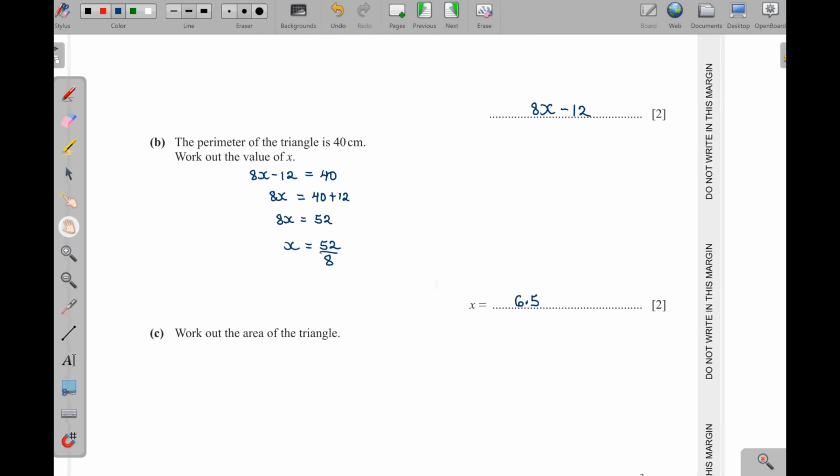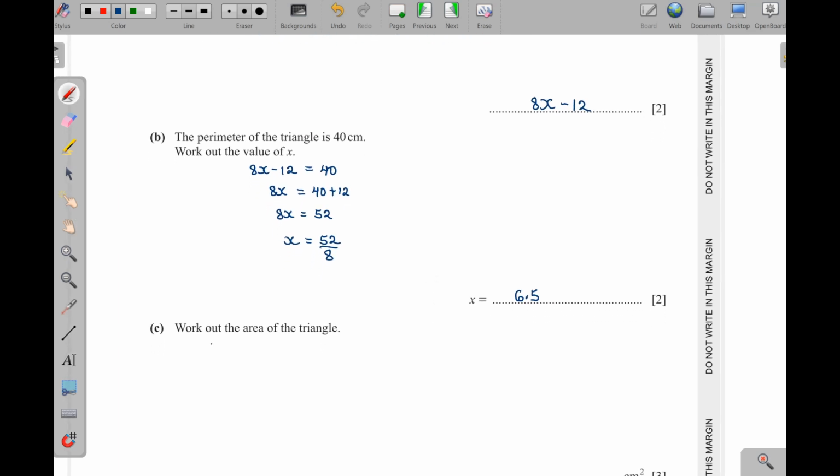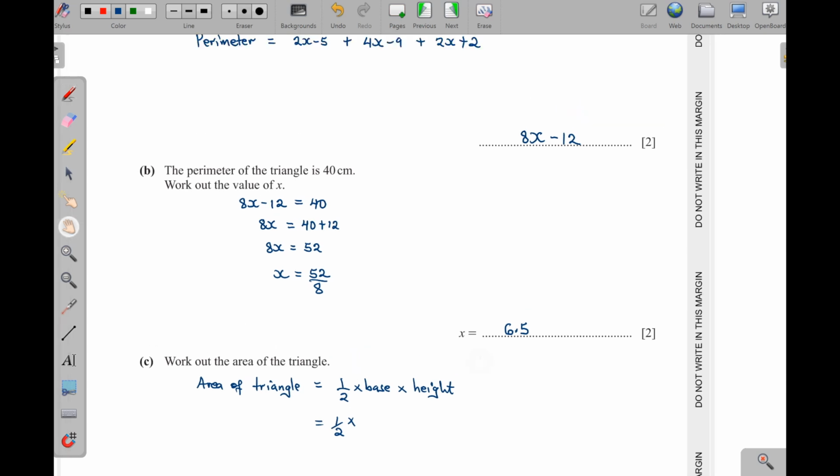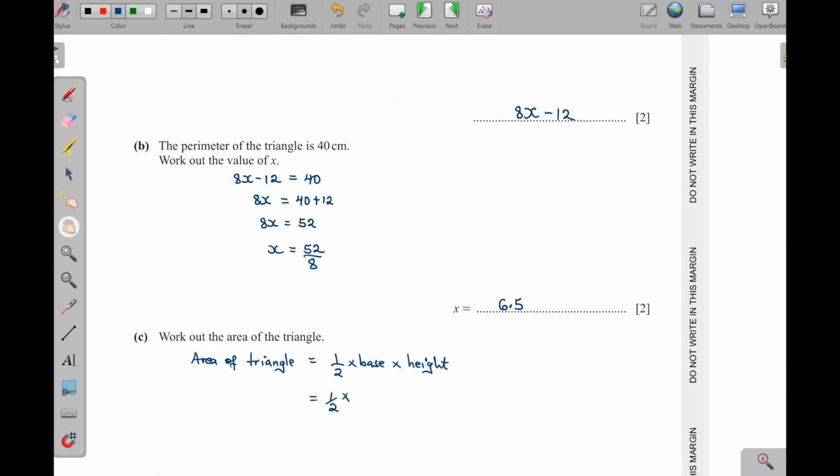And then part C, work out the area of the triangle. Area of triangle, you know that it is a half times base, then times the perpendicular height. Not so? Okay. So this will be a half times the base. The base is 2x plus 2.